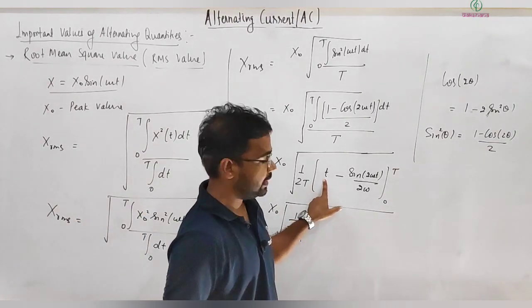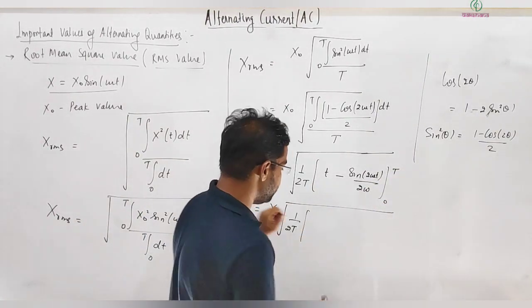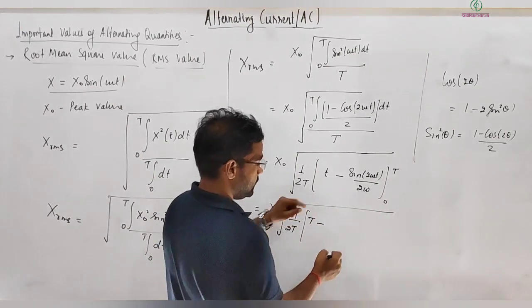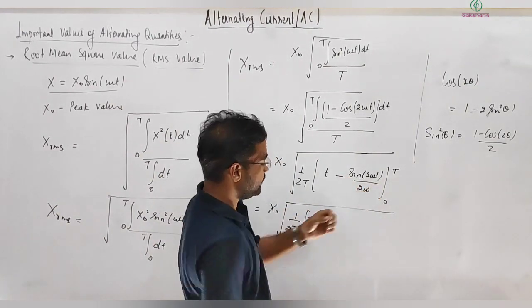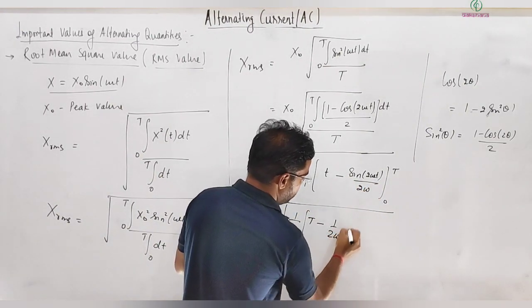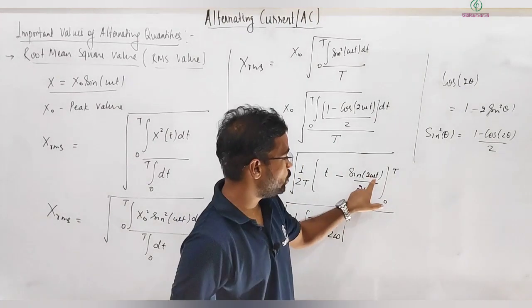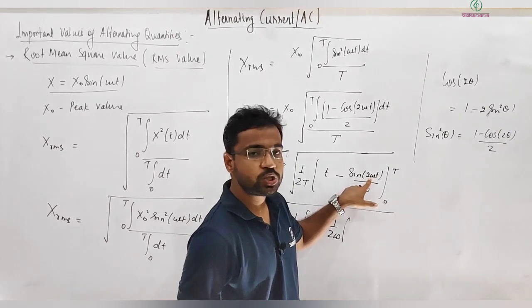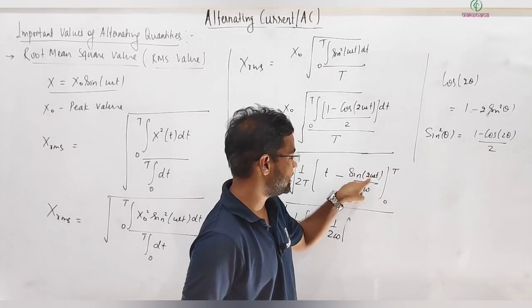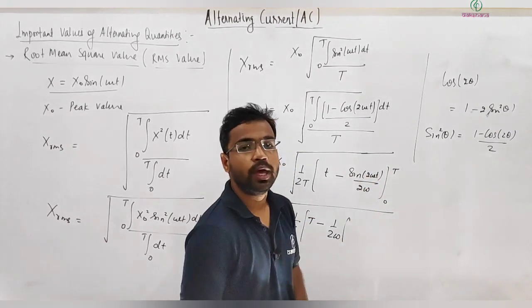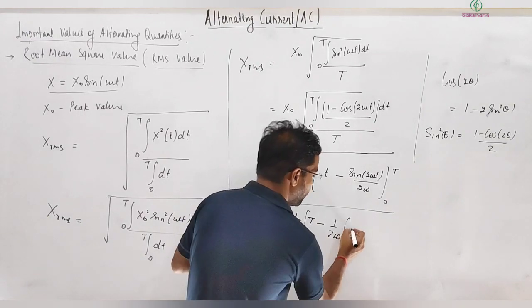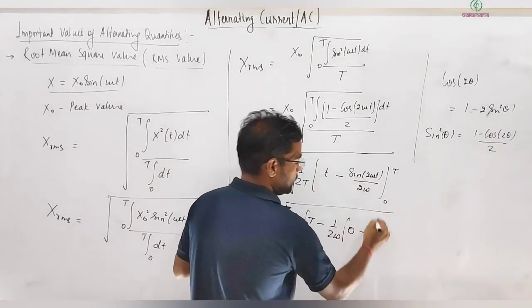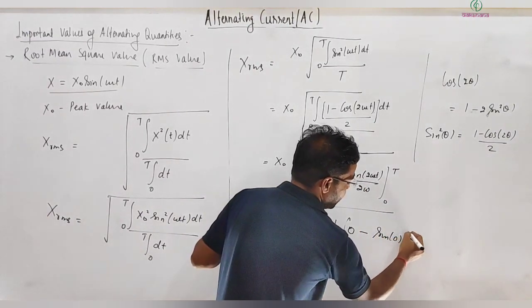If I substitute limit 0, then it will be 0, and for T, it will be T minus, similarly, 1 by 2 omega and sine of 2 omega capital T. If I substitute, omega is 2 pi by T, so T gets cancelled. It will be like 4 pi, and sine of 4 pi will be 0. I can write it as 0 minus sine of 0, and that is also 0.